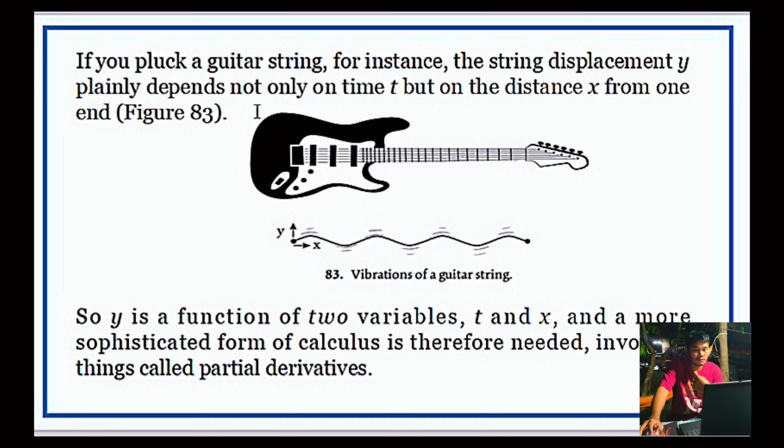If you pluck a guitar string, for instance, the string displacement, which is represented by y, plainly depends not only on time, which is the t, but on the distance, the x.